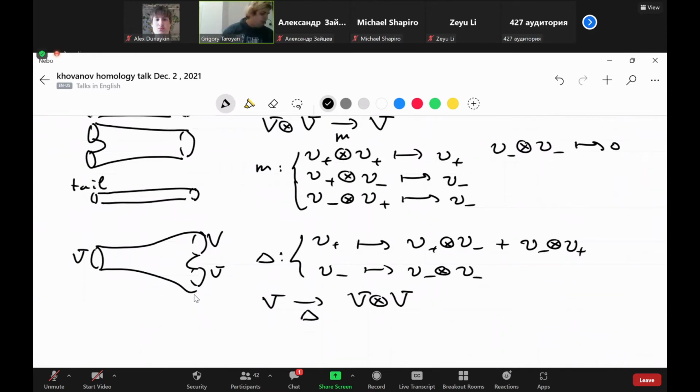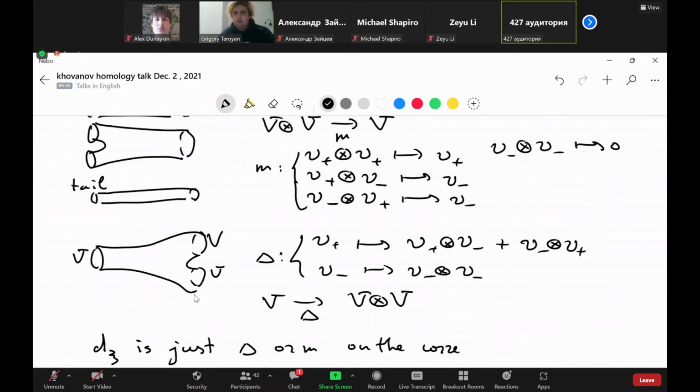So basically now I can define what this differential is. The differential d psi is just delta or m for the corresponding address.